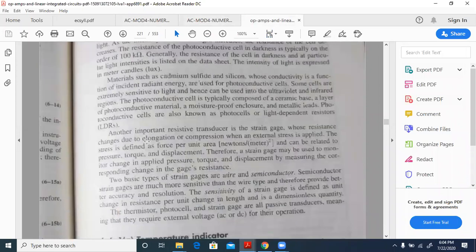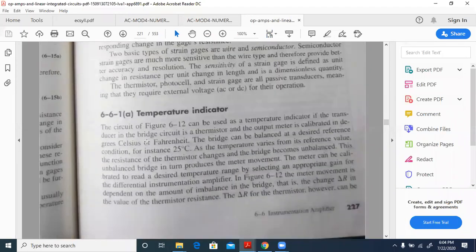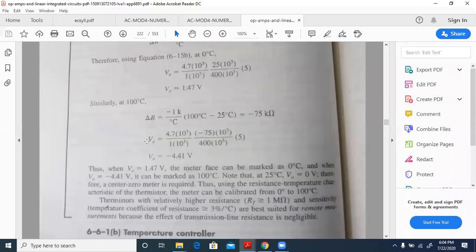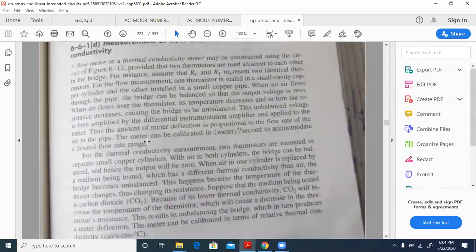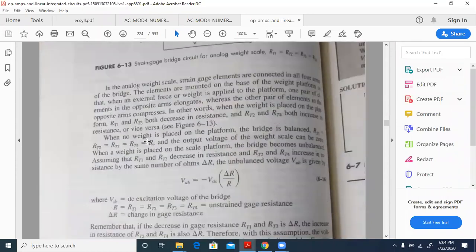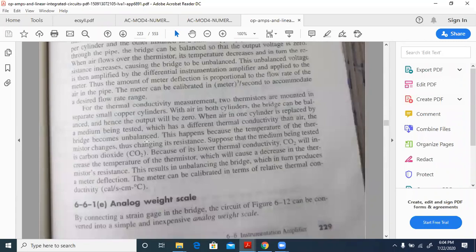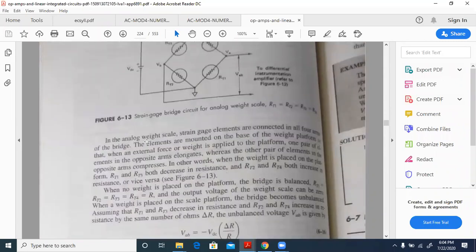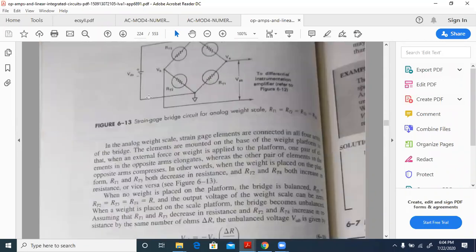So if you go back and see this figure 6.12, which is the strain gauge we are trying to use there. This is the strain gauge where all the 4 arms are there. 2 arms will behave one way and 2 arms will behave differently.